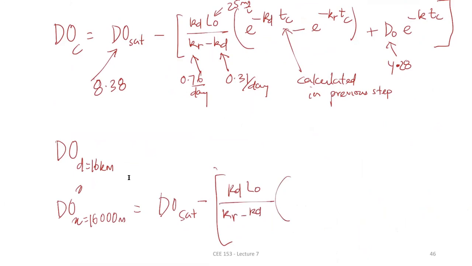The only difference is that the time term is your distance. Time is distance divided by velocity, so I'm going to write x over u: e to the power minus KD x over u, minus e to the power minus KR x over u, plus D0.